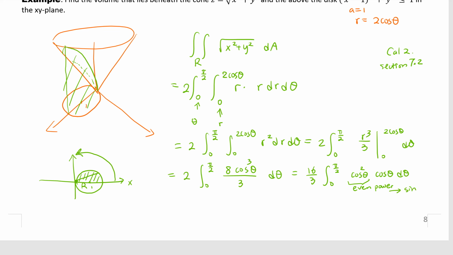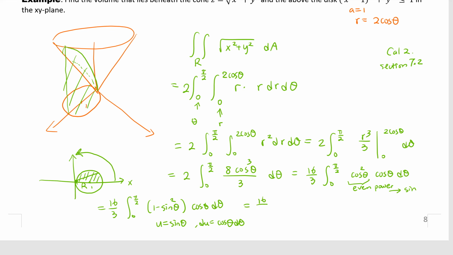So cosine squared is 1 minus sine squared. Now we can do u substitution. Let u be sine theta, du is cosine theta d theta.